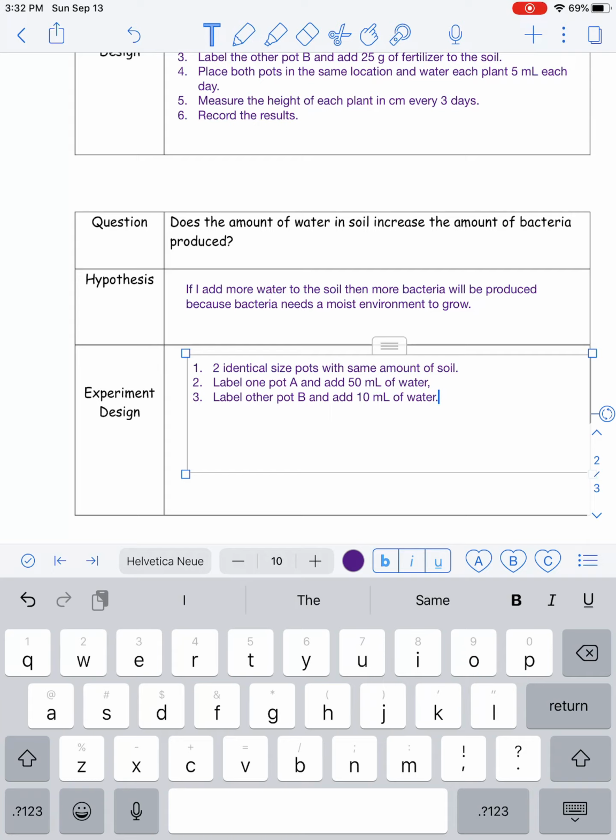So I have two identical sized pots with the same amount of soil. I'm going to label one A and add 50 milliliters of water, and label the other pot B and add 10 milliliters of water.